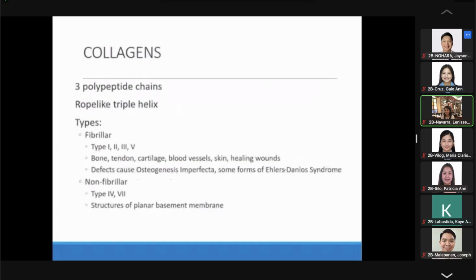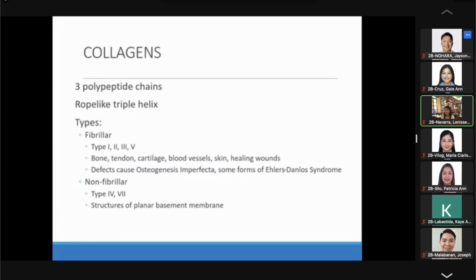So we go to collagens. These are composed of three polypeptide chains that are arranged in a rope-like triple helix. The fibrillar types are types 1, 2, 3, and 5. They are seen in bone, tendon, cartilage, blood vessels, and skin and are involved in healing wounds.